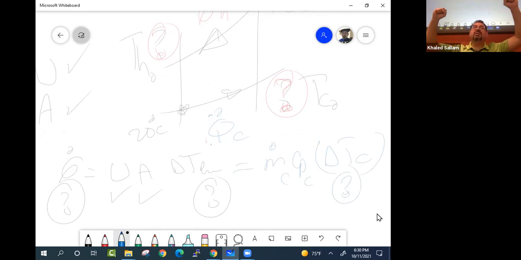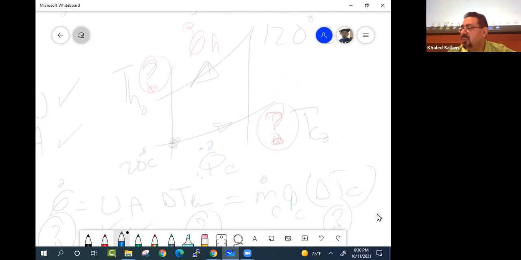So when two temperatures are not known, the logarithmic mean temperature difference will involve trial and error. You will have to assume a temperature and go and check whether this temperature makes Q equal Q or not. You can imagine the procedure, right? You would assume, well, let me assume it will go up to 50.